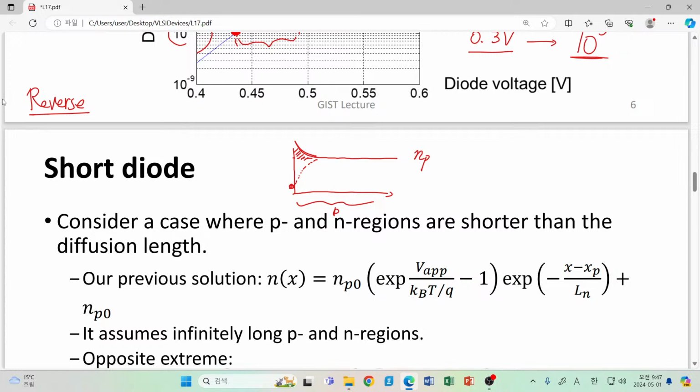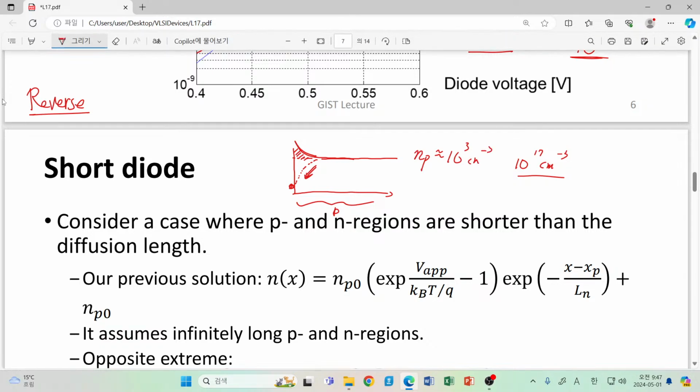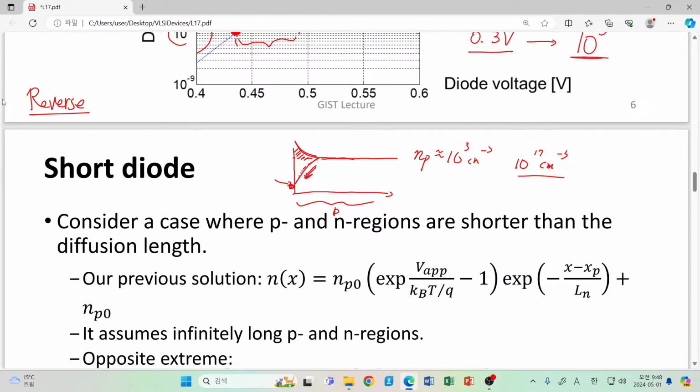So what will happen now? Our relatively small number of electrons here will diffuse. Think about this one: for example, for 10 to the 17 per cubic centimeter of p-type doping density, this will be just 10 to the 3 per cubic centimeter. And now we will have even smaller values at this point. Although the values are quite small, there will be a certain density gradient.